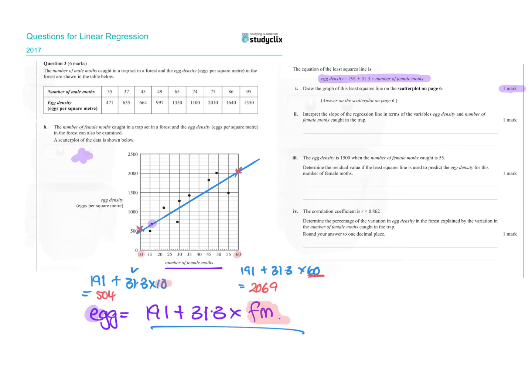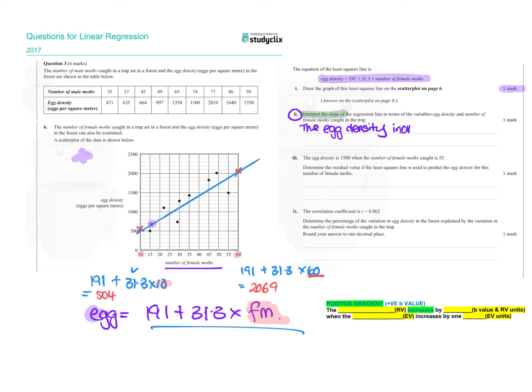So in the next bit, it asks you to, and there's that golden word, interpret the slope. If you've got an interpret question, it means I would have given you a fill in the blank. So we need to interpret the slope. So I'm going to go to my book and find that. I'm going to say, and I need to put the RV, so the egg density increases by, and I'm going to put the B value, which is 31.3, and I've got to put the RV units, which is metres squared.